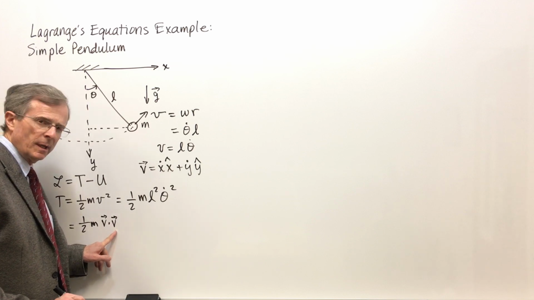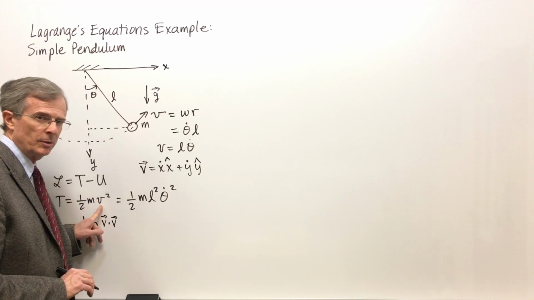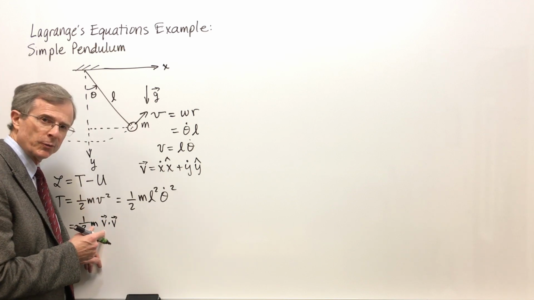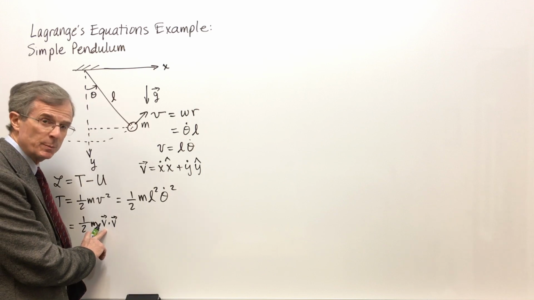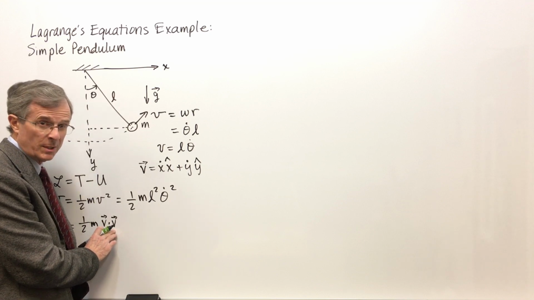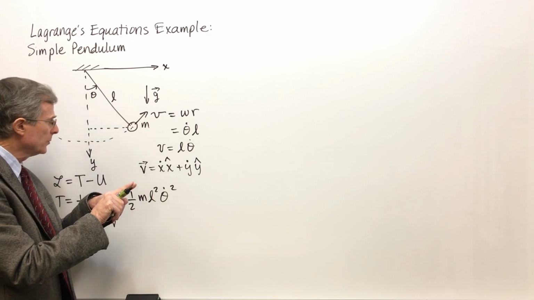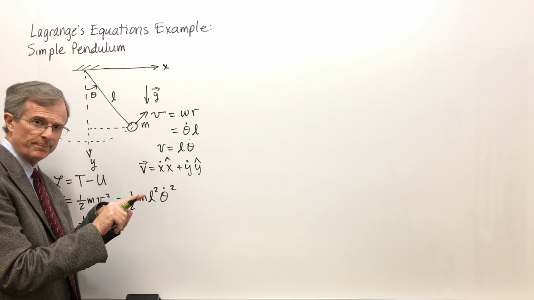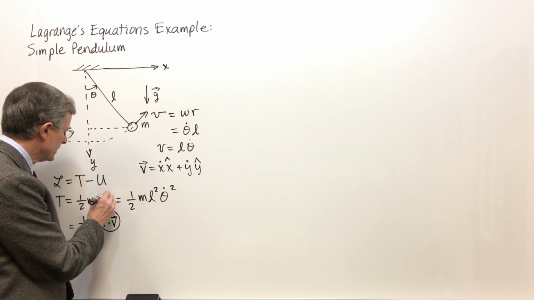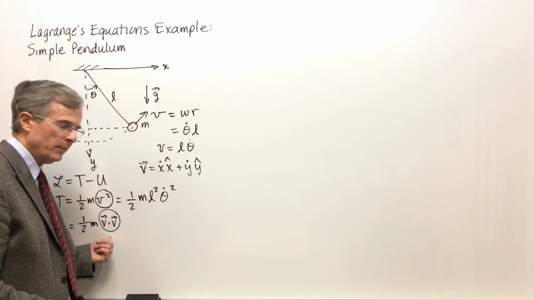You know that vector V dotted into vector V has to equal the magnitude of the velocity vector, which is the speed V, times the magnitude of the second vector, which is also V, times the cosine of the angle in between. But the angle between V and V is 0. So cosine of 0 is 1, and you just get V squared. So this guy here is the same as that guy right there. And this is going to be the key to the cleaner way of finding the kinetic energy.